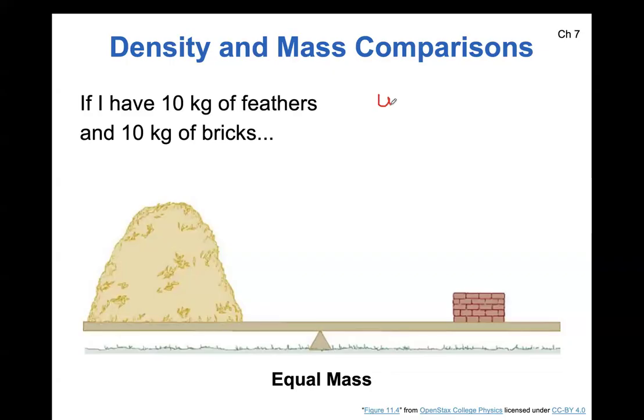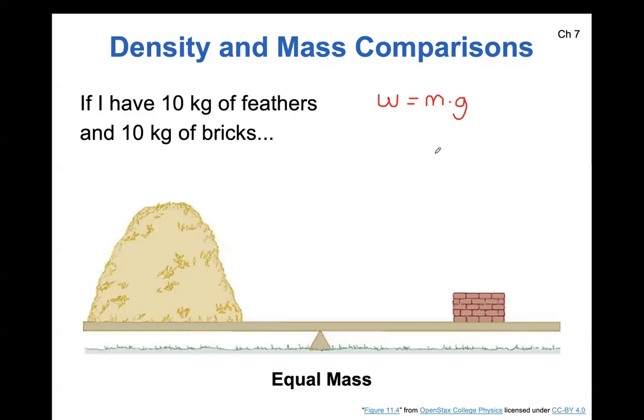The weight represented by W is mass, which is m, using lowercase here, times gravity. So you are right that the weight of the feathers and the weight of the bricks are the same, as long as they're both on the same planet.